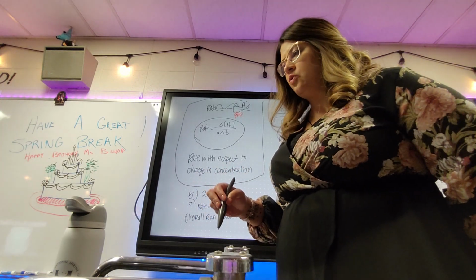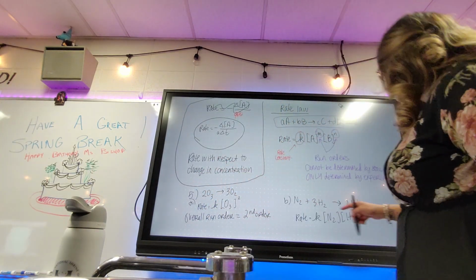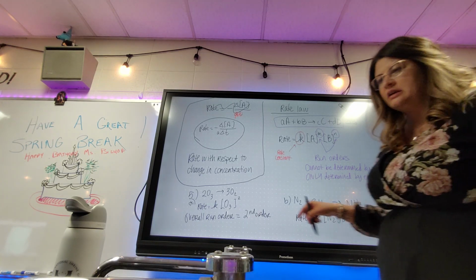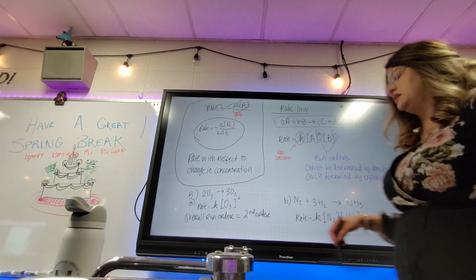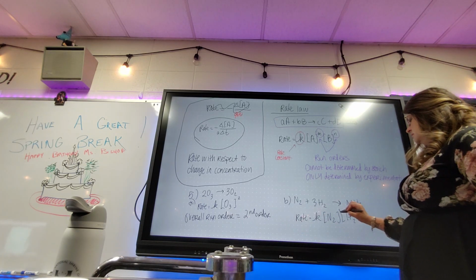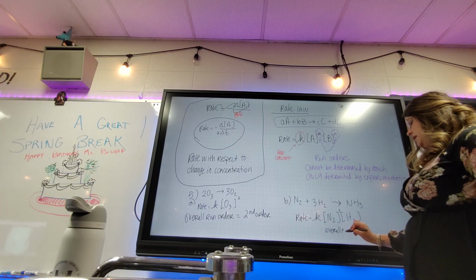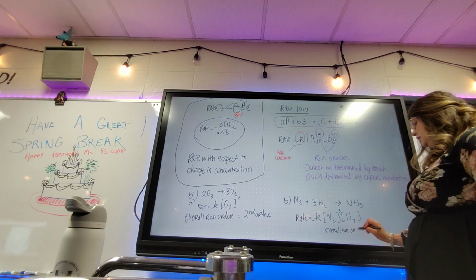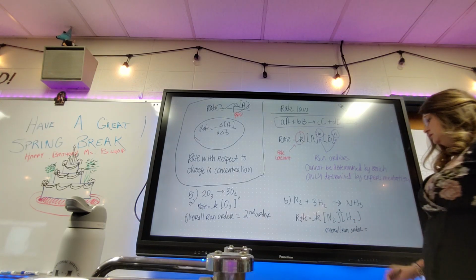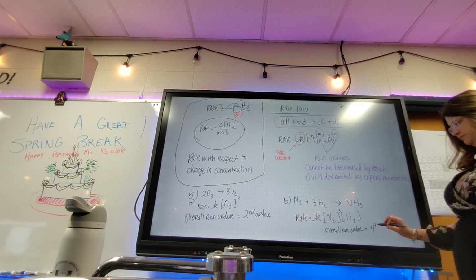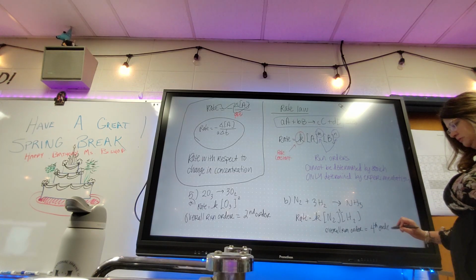It says it's first order with respect to H2. So this number should be a 1, but remember we don't write those ones. And then it's third order with respect to N2. So how should we calculate our overall reaction order? You add all the exponents together. What's 3 plus 1? 4.